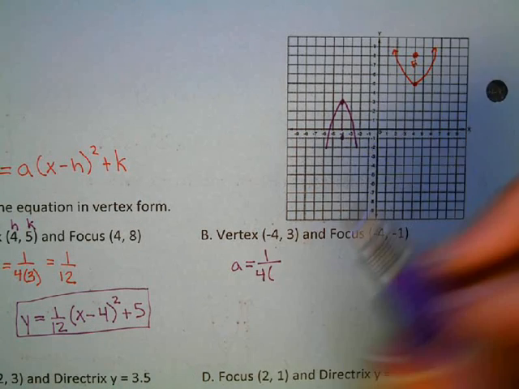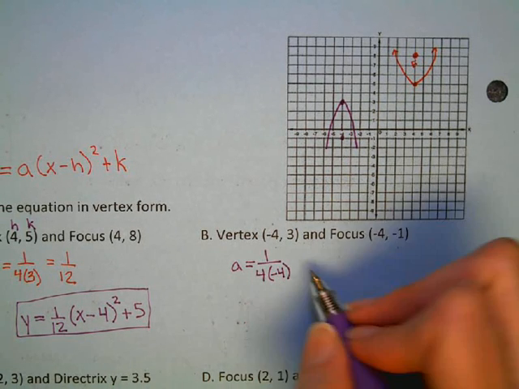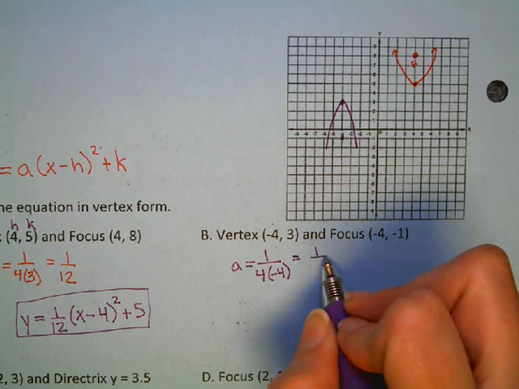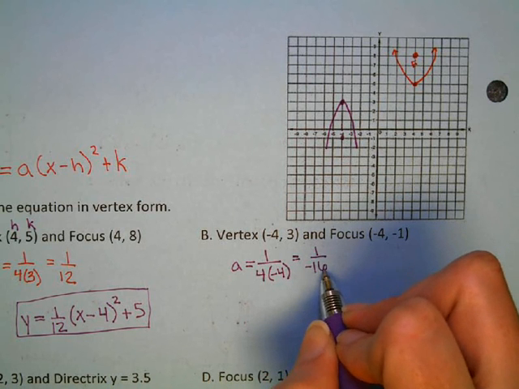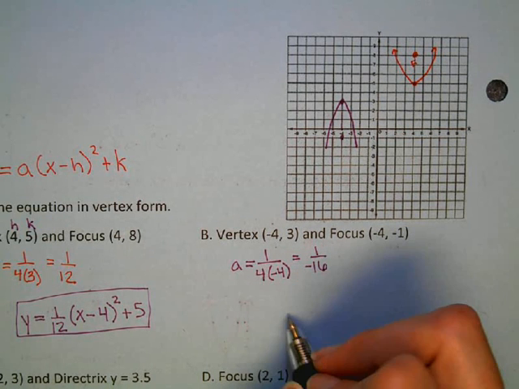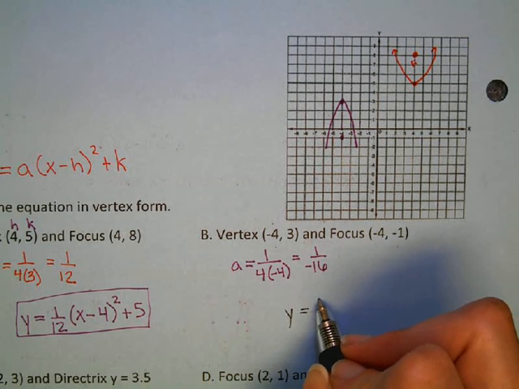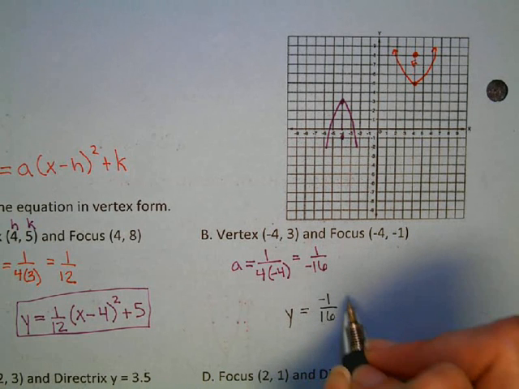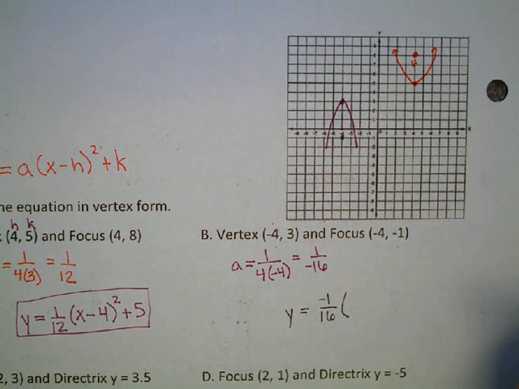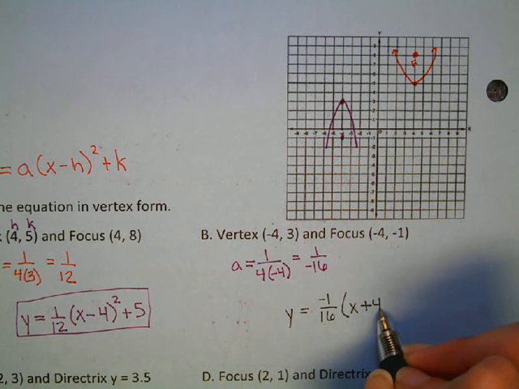Okay, so a equals 1 over negative 16. My answer for the equation then would be y equals negative 1/16, parentheses, we have x minus negative 4. So I'm going to go ahead and change that to x plus 4 squared plus 3. Remember, using the vertex and your a.